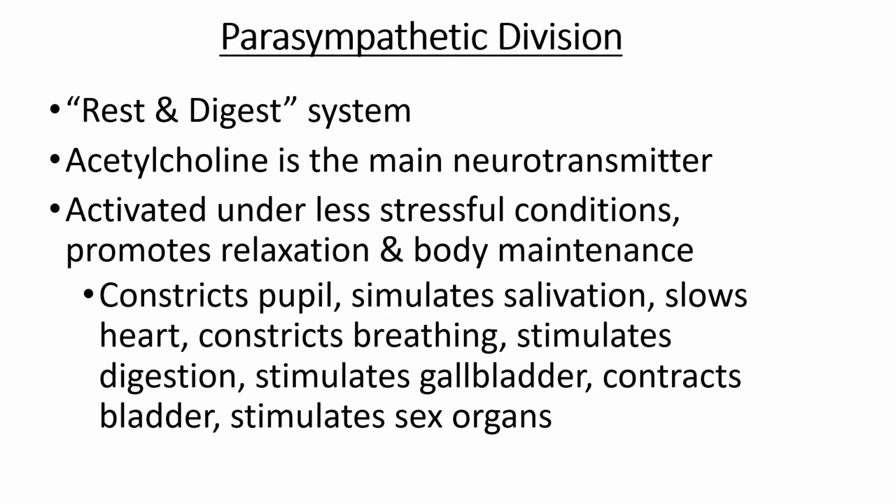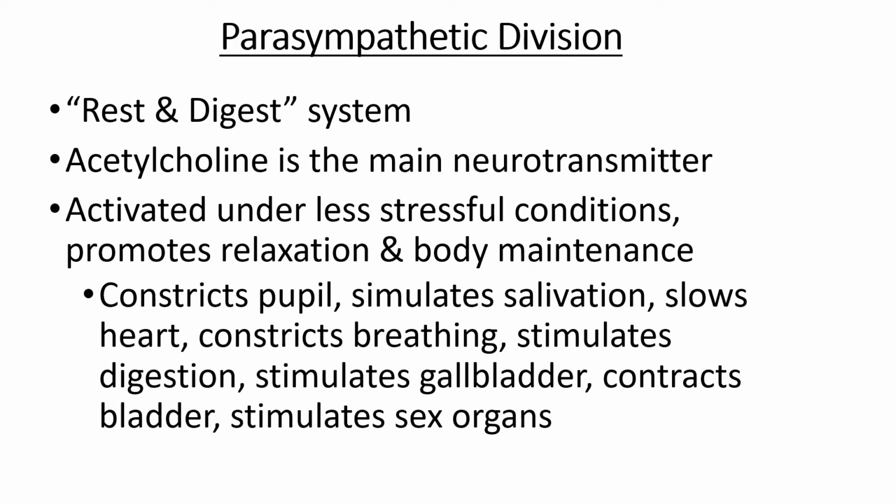Okay, so let's talk about the parasympathetic division. We think of this as more of a rest and digest or a feed and breed system. The main neurotransmitter of this parasympathetic division is acetylcholine, meaning all those nerves you saw, going from the cranial nerves to all the different organs, or the pelvic nerves going to the bladder and the sexual organs, they all use acetylcholine as the neurotransmitter.